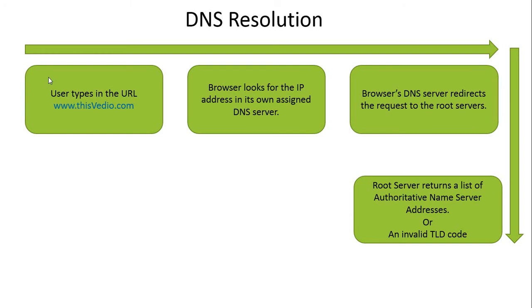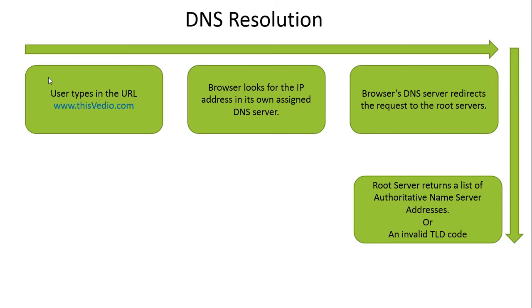But if you have entered a valid URL like thisvideo.com, the root server will return an authoritative server which contains a list of the .com TLDs. So it returns a set of servers which contains all the data about .com. Basically this is the first level of filtering on the internet. Apart from all the resources on the internet, you are returned only those which contain .com TLDs.